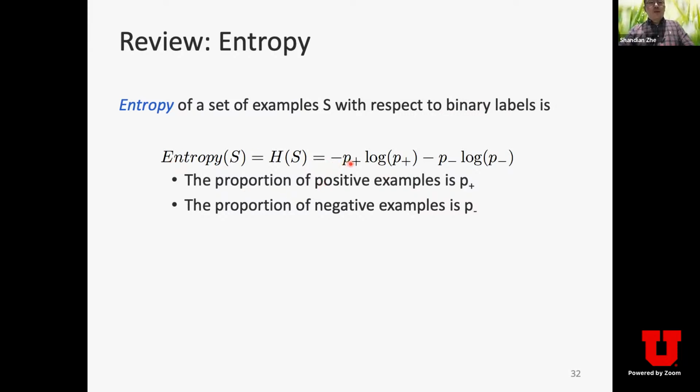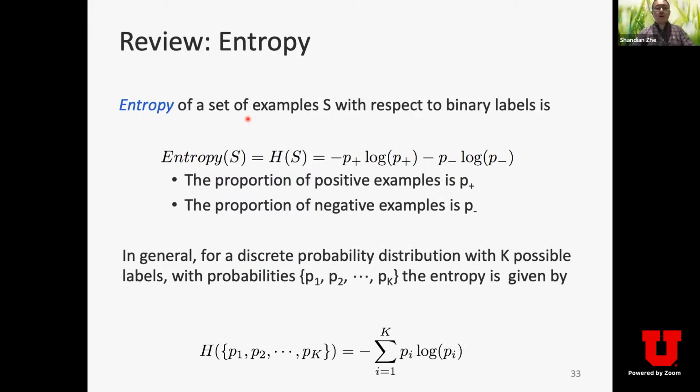It is minus P positive log P positive, minus P negative log P negative. P positive is the proportion of positive examples, and P negative is the proportion of negative examples. Entropy is defined not only for binary labels; it can be extended to multiple categories.